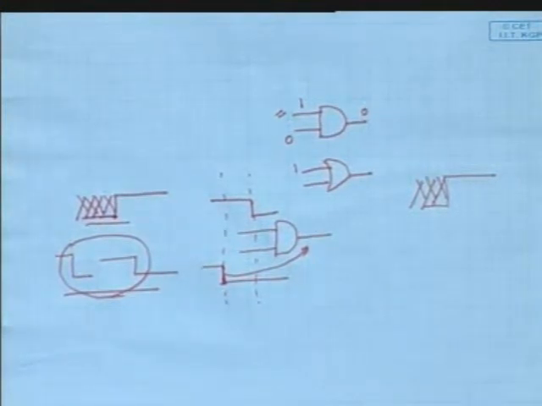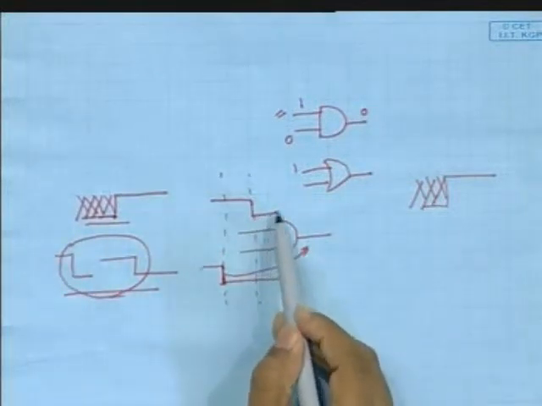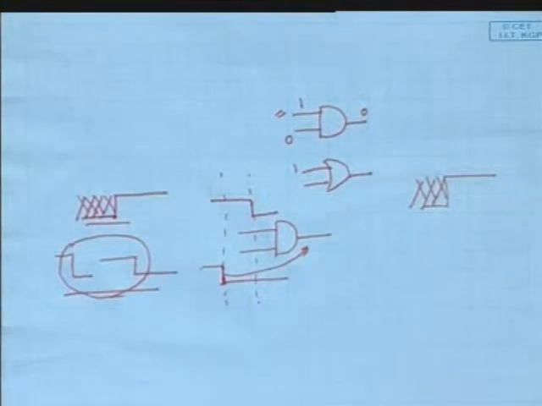The point here is that the delay is determined by the earliest controlling input. In this example, this also goes to the controlling value, but the input that stabilizes earlier determines the delay.